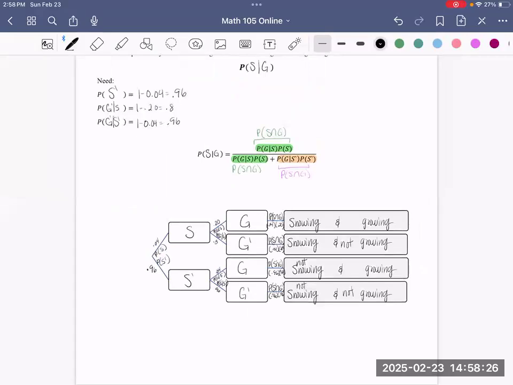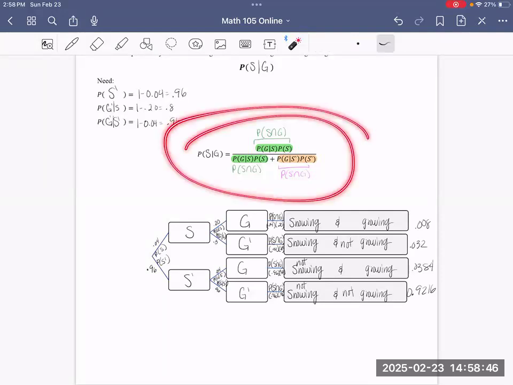So in the end, we have 0.008, 0.032, 0.0384, and 0.9216. Perfect.